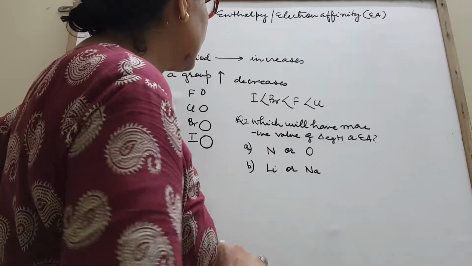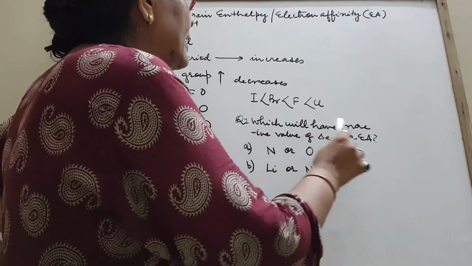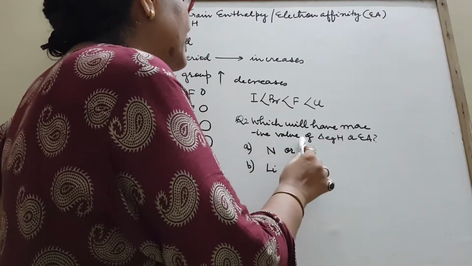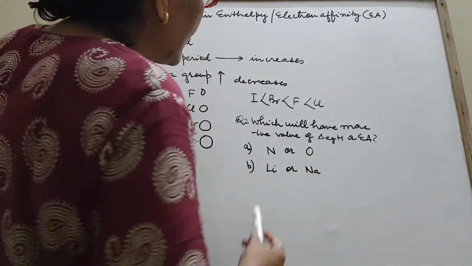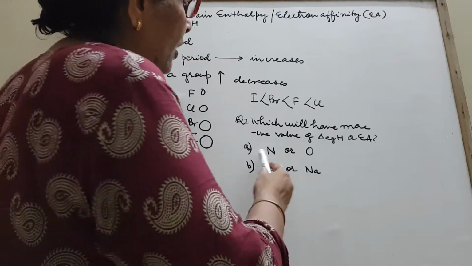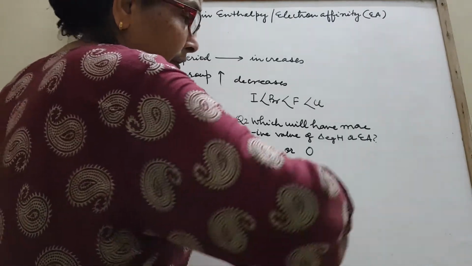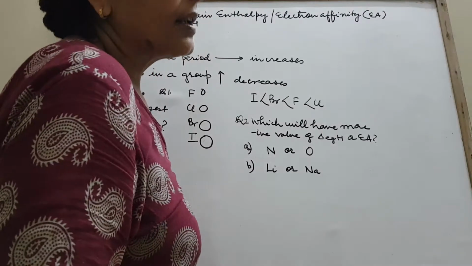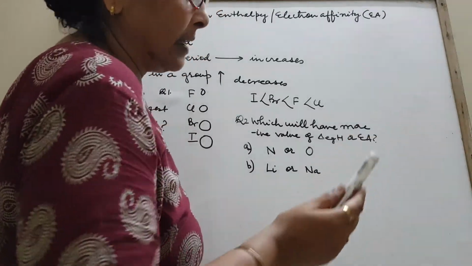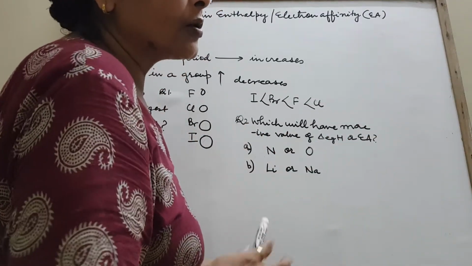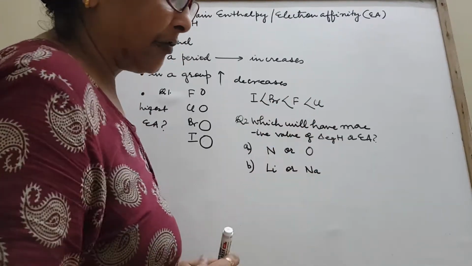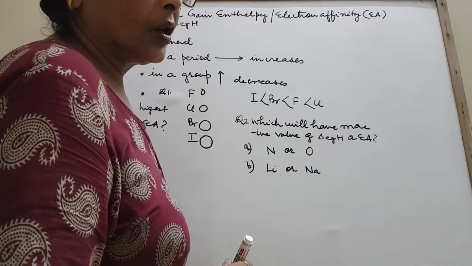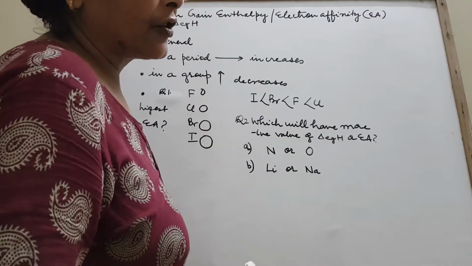In negative. Then question number 2, which will have a more negative value of electron affinity or say delta EGH, N or O? They belong to the same period, and from N to O we are moving this side. So naturally the value should be increasing, and it increases also in general, but we know the case of N: half filled, very stable configuration, difficult to add an electron, hence energy is to be added.